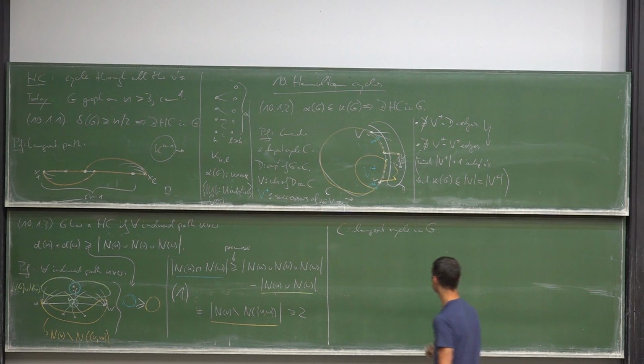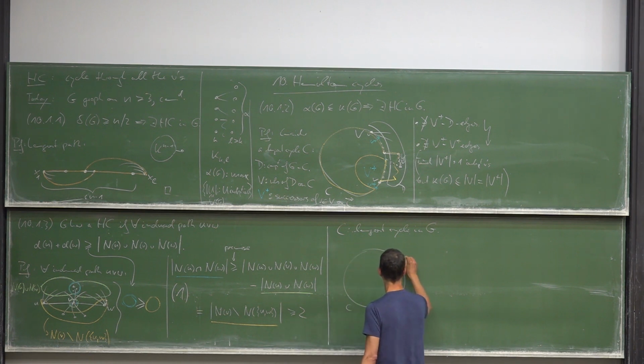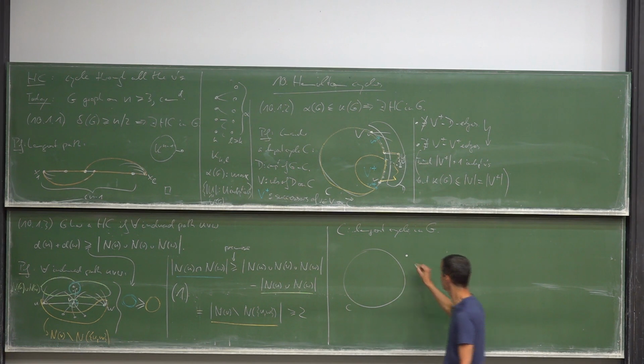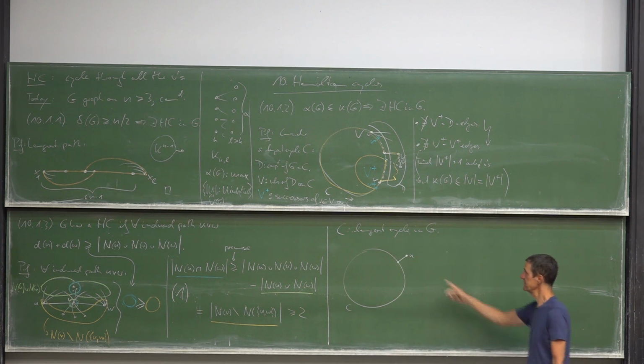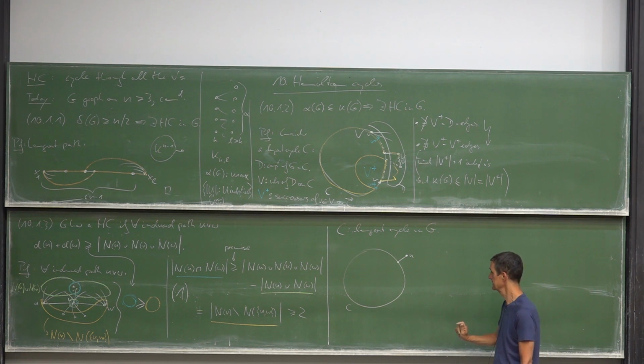Same as before, except we're not considering another component now, but just one more vertex, little u, adjacent to the cycle, which must exist if this is not a Hamilton cycle, because we're assuming that the graph is connected.